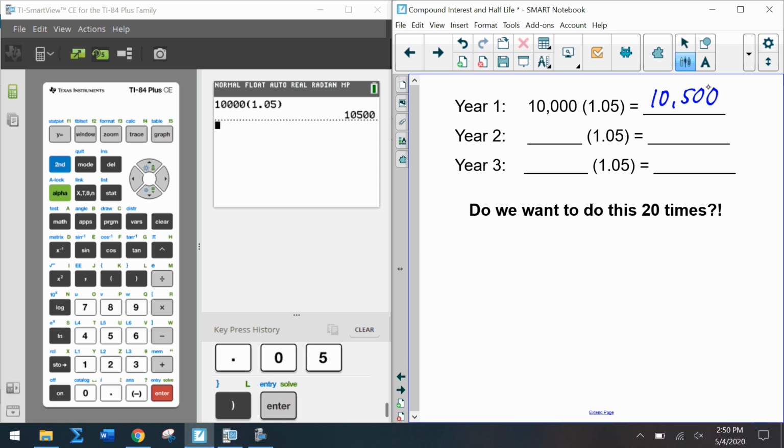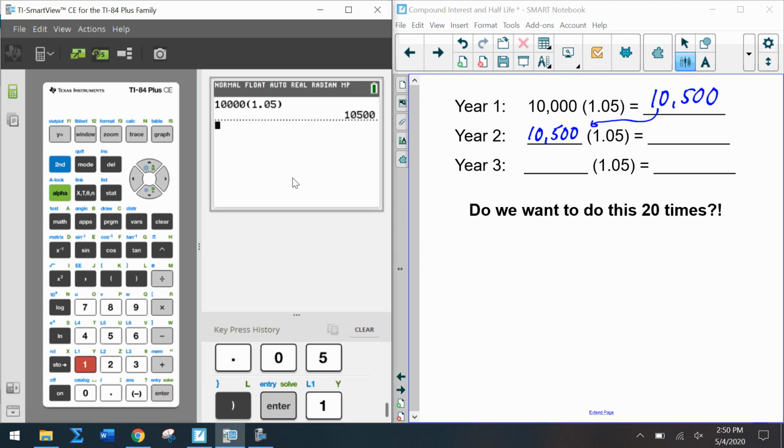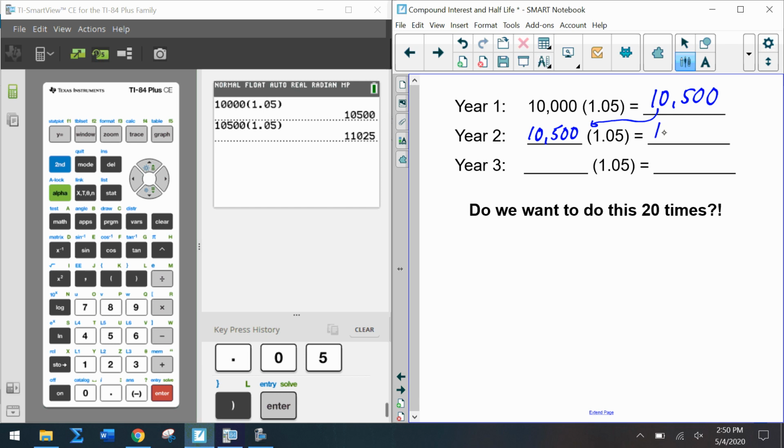So for year 2, instead of having $10,000 be our starting amount, our principal amount, we're taking what we earned, and that's our new starting amount. So now in your calculator, we have 10,500 times 1.05 again, and we end up with $11,025.